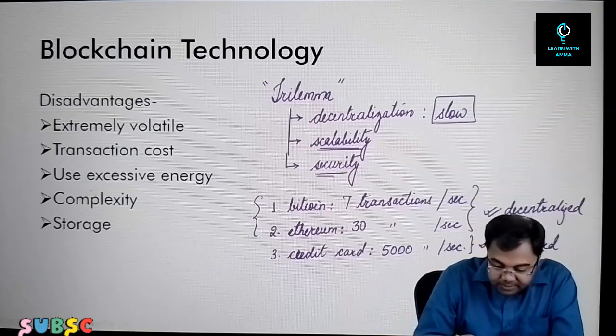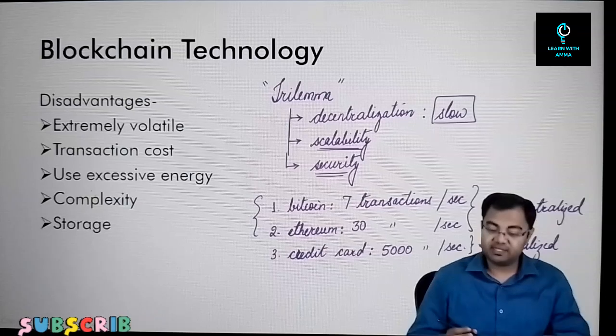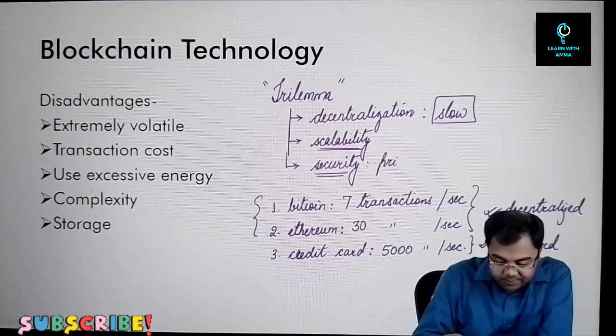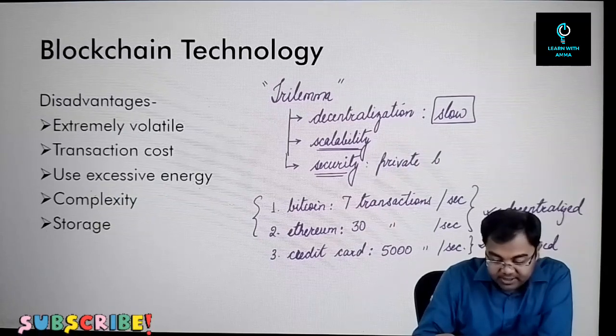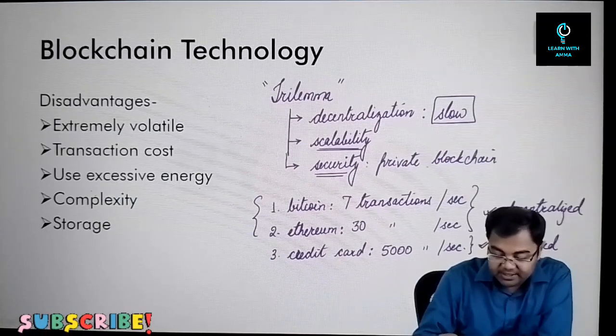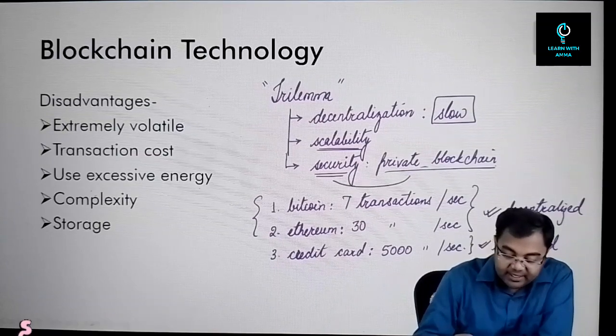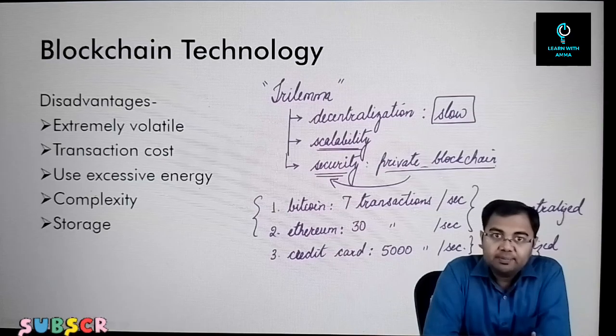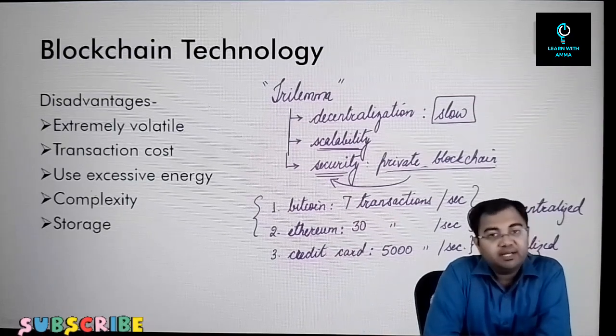Now, to overcome the problem of decentralization and scalability, many of the firms, especially the private blockchains, compromise on the two. They compromise on decentralization and scalability so that they can provide a faster method, or a faster blockchain technology.